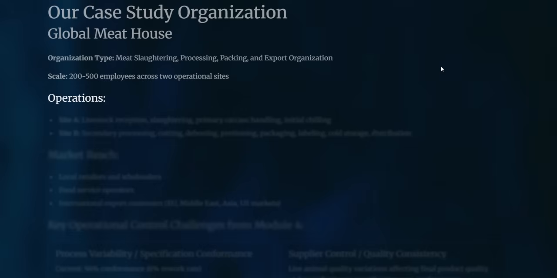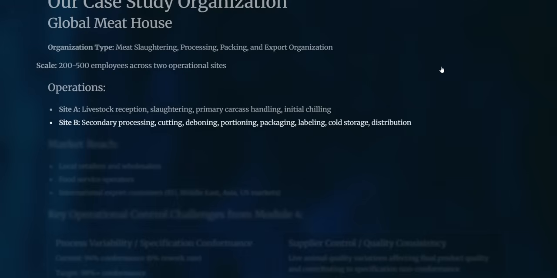The operational sites include Site A, which handles livestock reception operations, slaughtering processes, primary carcass handling, and initial chilling. Then we have Site B, which is 15 kilometers away from Site A. It handles secondary processing, cutting, deboning, portioning, packing, labeling, cold storage, and distribution.